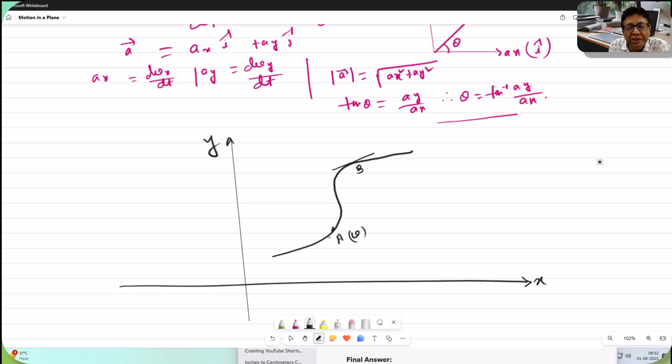You know, it is tangential, isn't it? At point A, velocity is tangential to the path. Like this is the direction of v, and at the point B, this will be tangential only, like this. This is the direction of v dashed. Now to find v dashed minus v, first we'll shift the vector v over there.